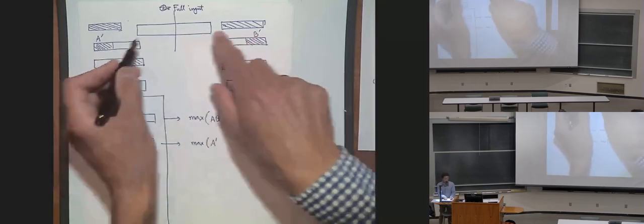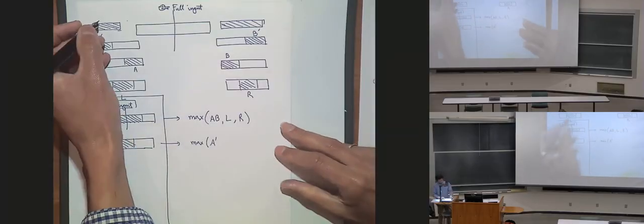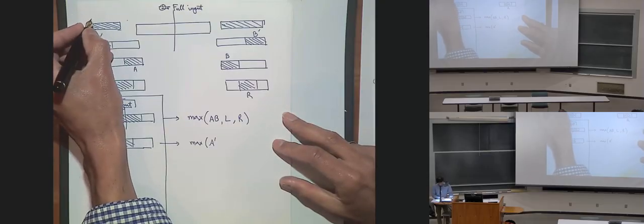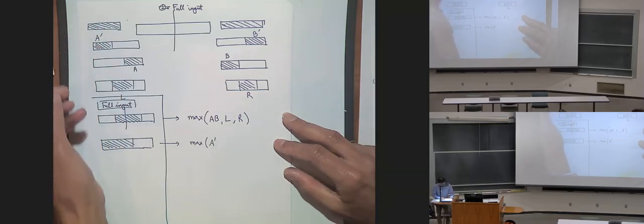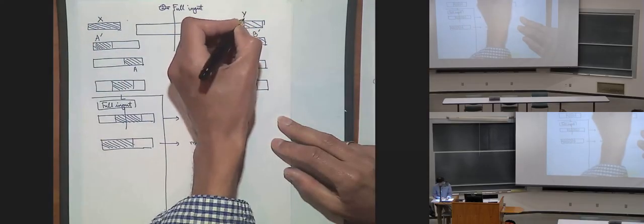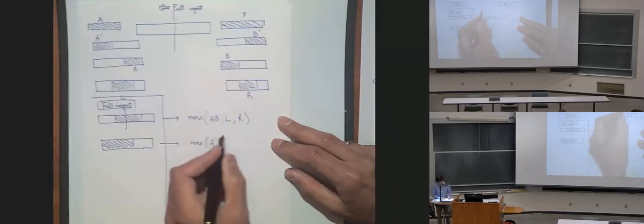Once this gets a product of everything, it can just take the product and send that forward. So this is the whole product. I'm really running out of symbols here, but I'm just going to call this X and Y, sorry. So it's the max of A and X times B.